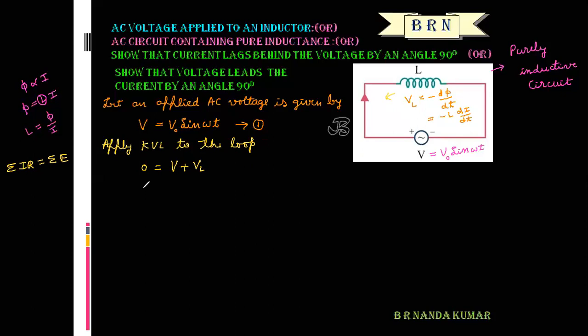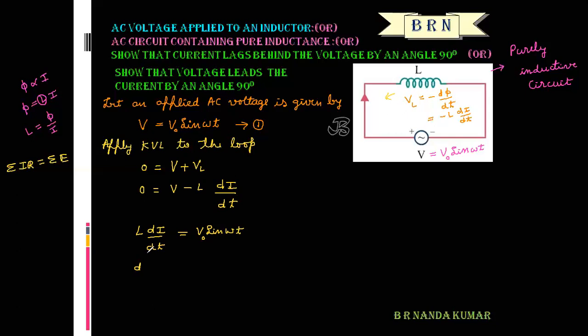So 0 is equal to V plus VL, that is V minus L into di by dt. So L into di by dt is equal to V, and V is V naught sine omega t.